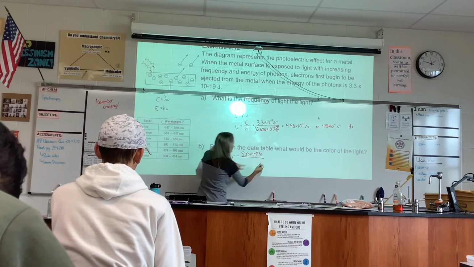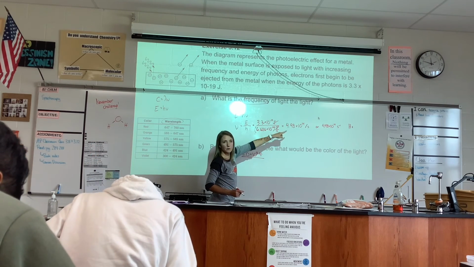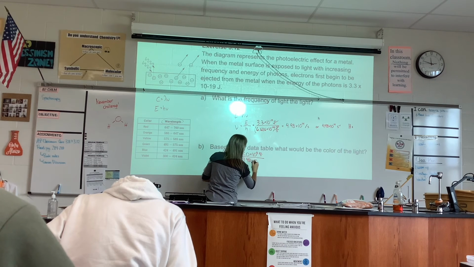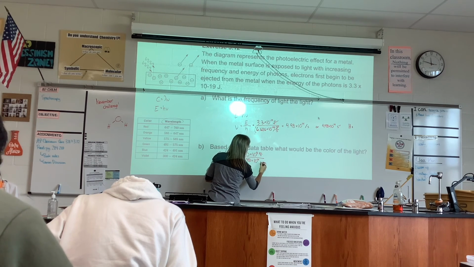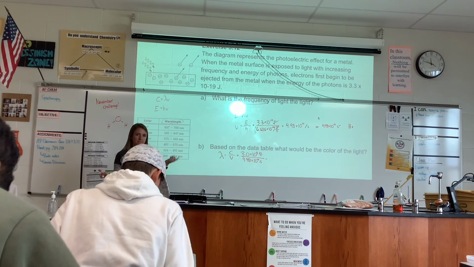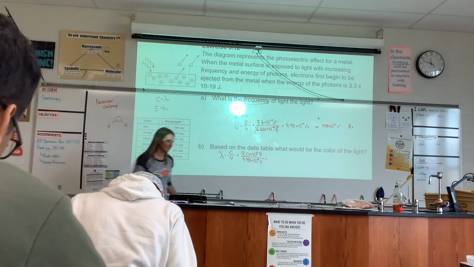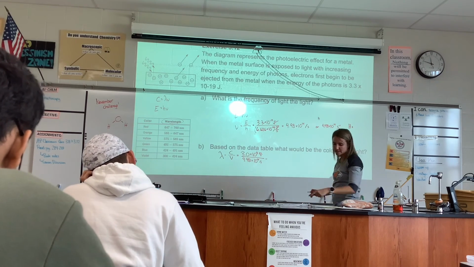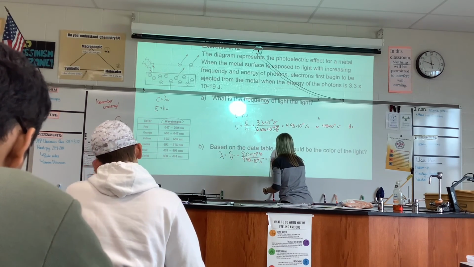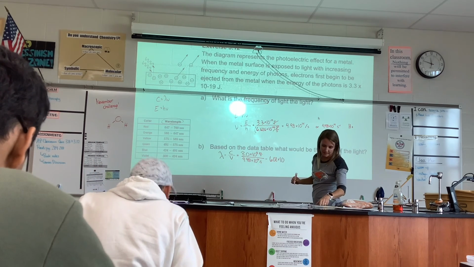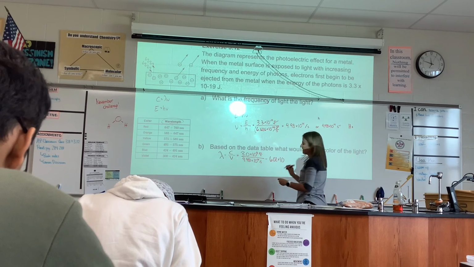All right, and then the frequency is what we found in the problem before. So 4.98 times 10 to the 14. Plug it in. So on this one, I got 6.02 times 10 to the negative 7.